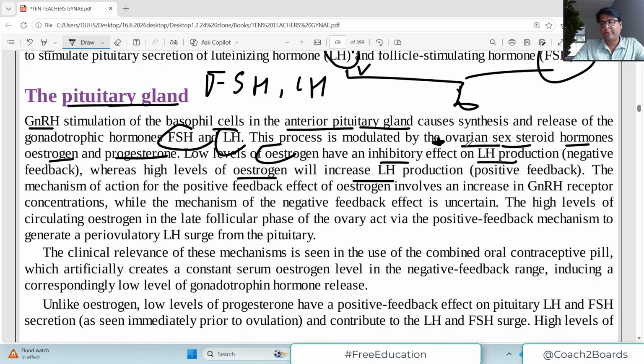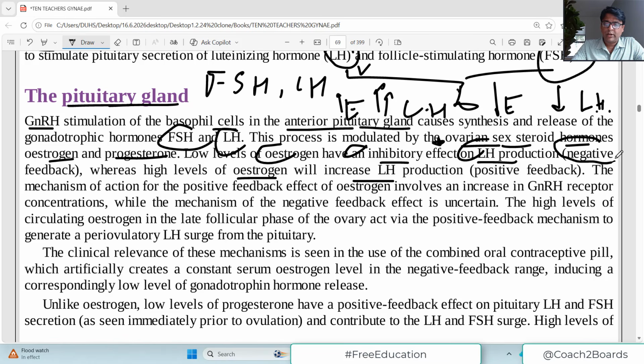So it is going in the same direction. Low estrogen, low LH. ये बहुत important है यार, पूरी gynaecology के basic principles इस पे आगे चल के fix होने हैं, तो ये बात आपने याद रखनी है. Low estrogen leads to low luteinizing hormone production. More estrogen leads to more luteinizing hormone production. Okay, simple as that. So negative in the negative direction, positive in the positive direction.